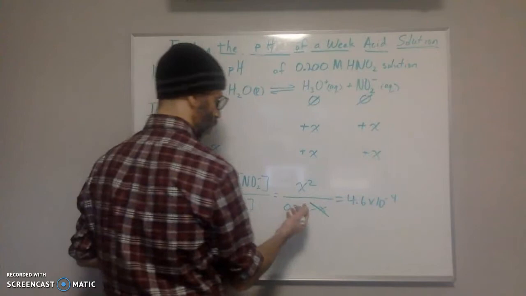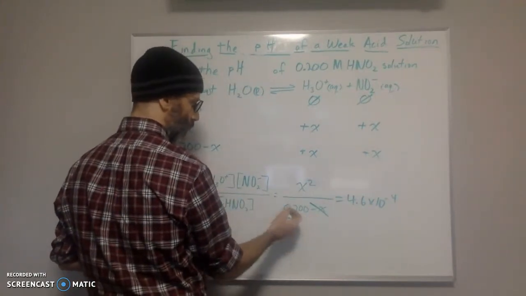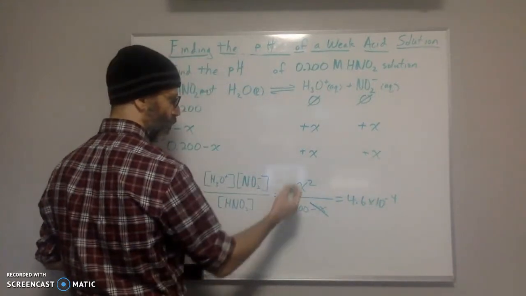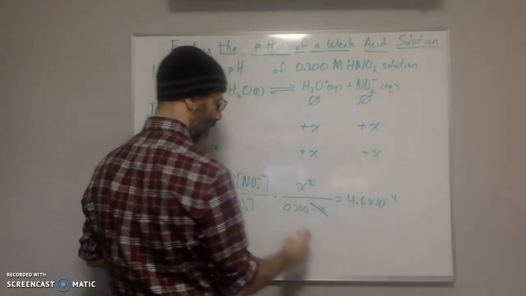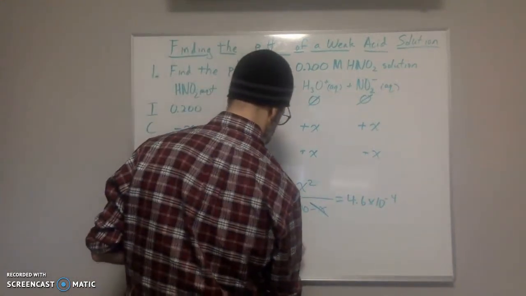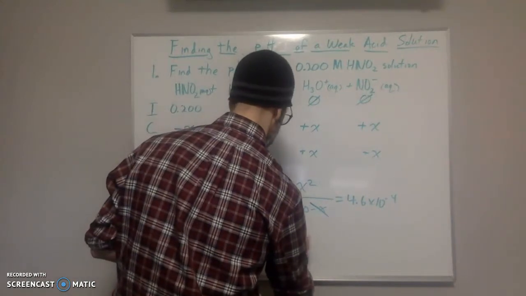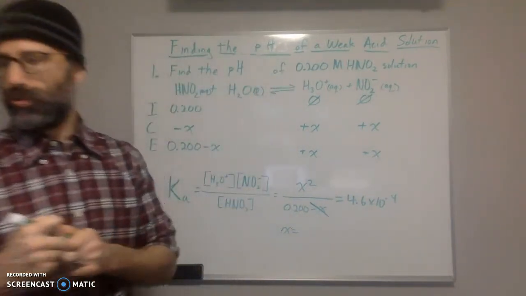All right, so then what you do is you solve for x. You multiply both sides by 0.200, you square root both sides to get x, and then you get your answer.